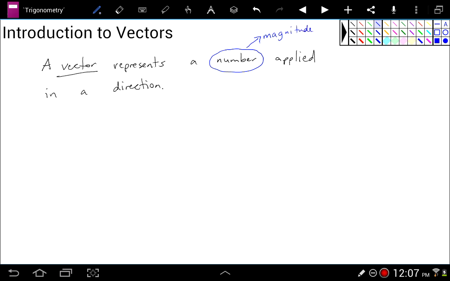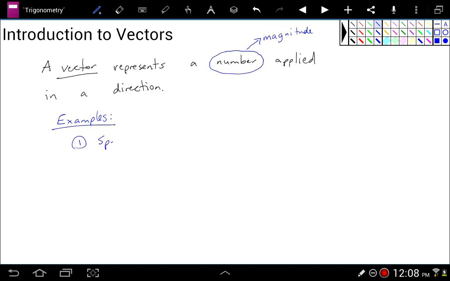So here are some examples of vectors. Number one, a speed applied in a direction. For example, 25 miles per hour. That is not a vector by itself because that's not very specific.